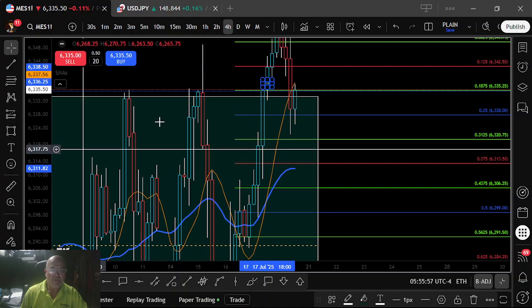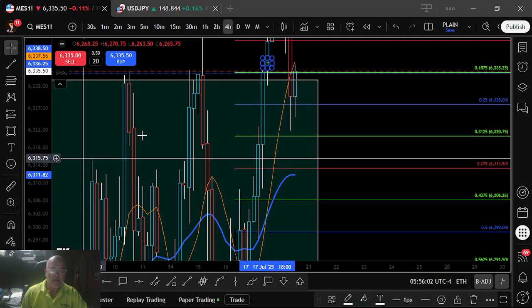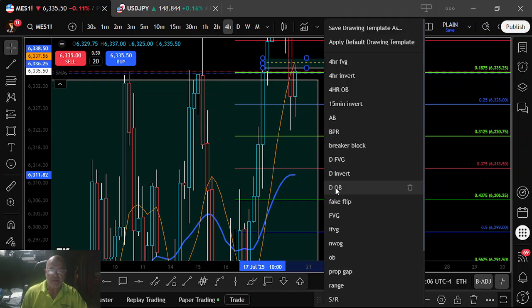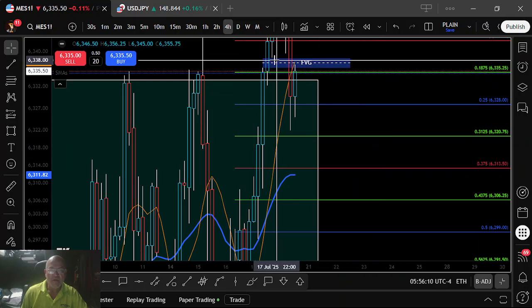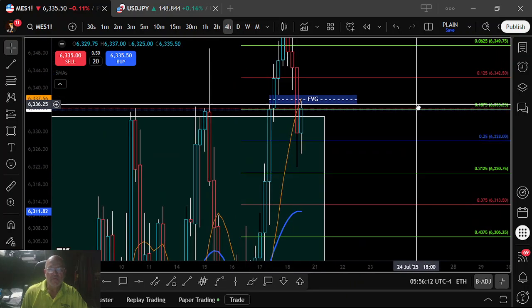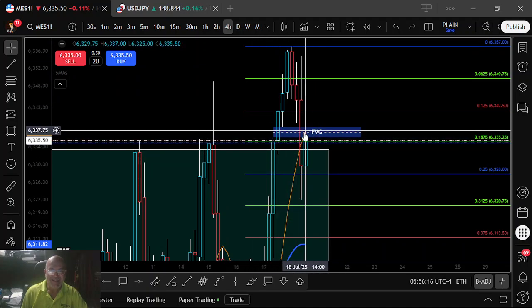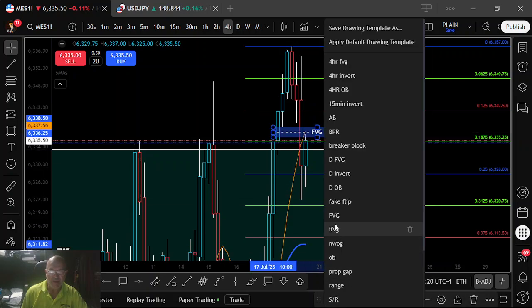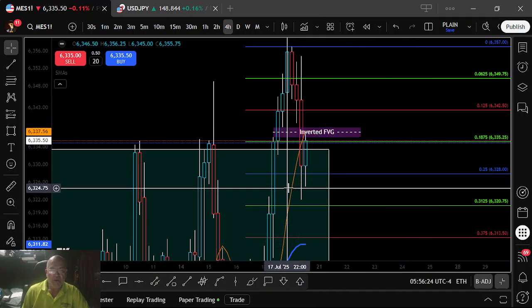So we have this fair value gap that was made on the way up. And let's put it out a little further. There we go. Okay. But once we broke the all-time highs, we immediately came down and inverted this fair value gap. So that is now an inverted gap that we have to pay attention to.